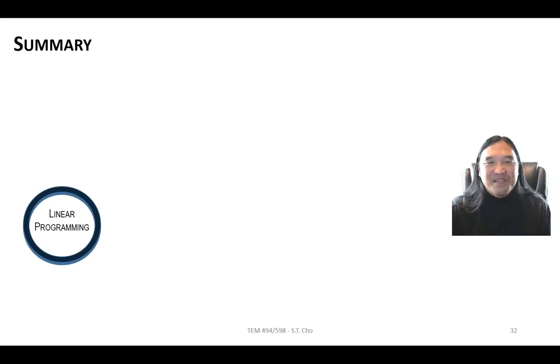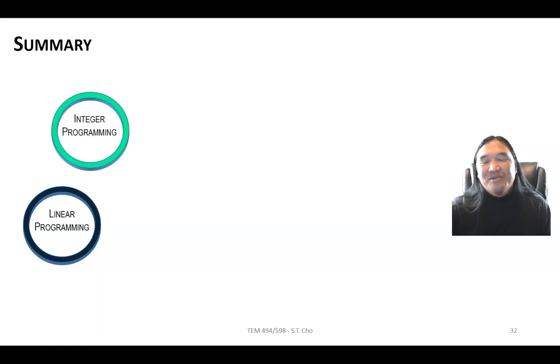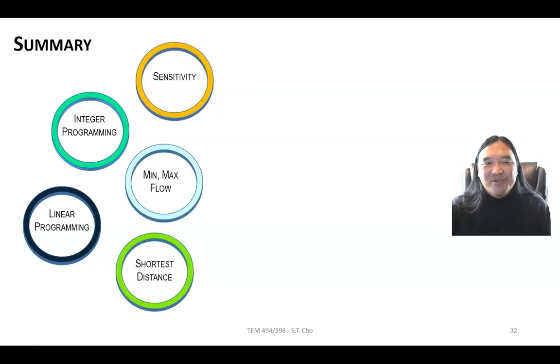So summarizing our optimization part of this course, you learned about linear programming. There are also other linear programs other than Solver, such as Lindo or something like that, but they're all pretty much the same. We talked about integer programming.